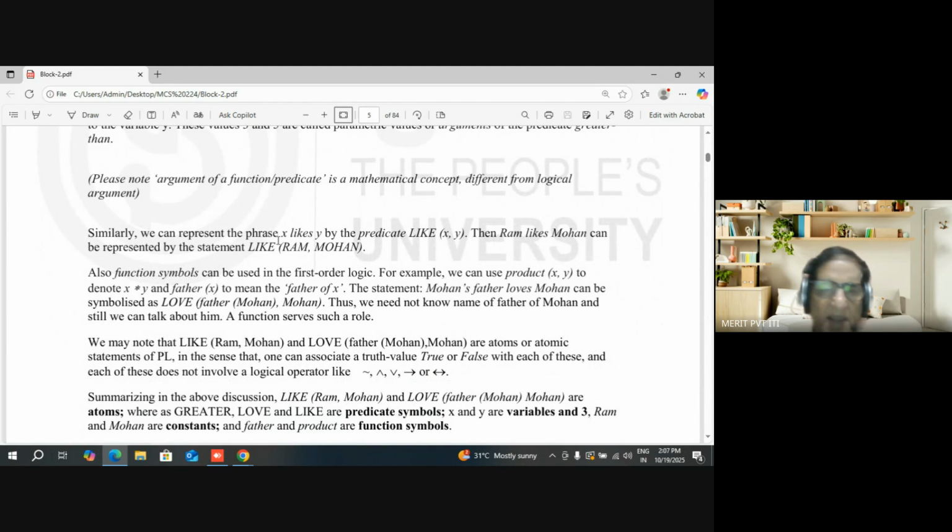Similarly, we can represent x likes y with a predicate like(x, y). Then Ram likes Mohan can be represented by like(Ram, Mohan).